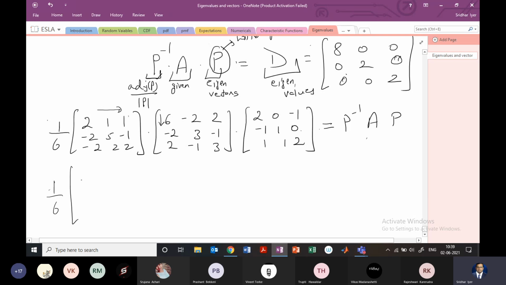I hope you know the multiplication, right? Each element by element, you'll have to multiply with the column, right? So this 2 you'll have to multiply with this 2 into 6 minus 2 into 2 plus 2 into 2. Like that you'll have to multiply.